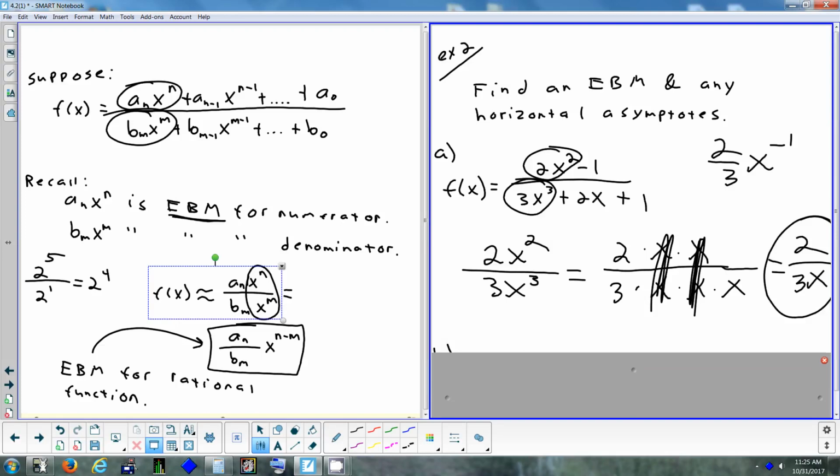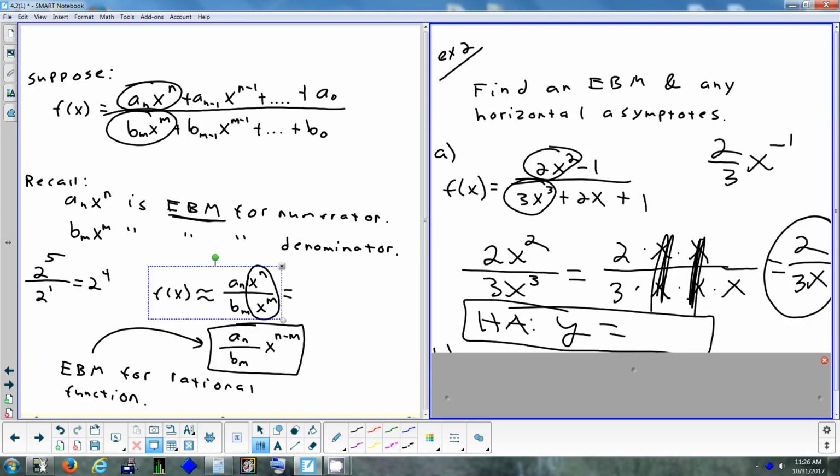And now the end behavior model is used to give you the horizontal asymptote. To get your horizontal asymptote, look at your end behavior model and let x get really big.